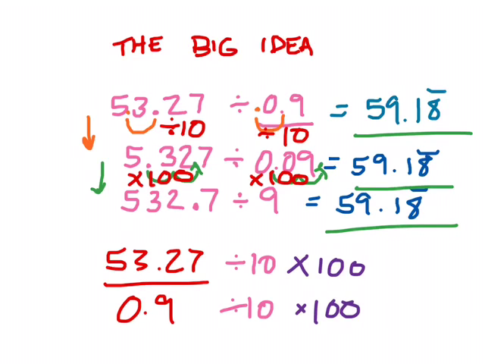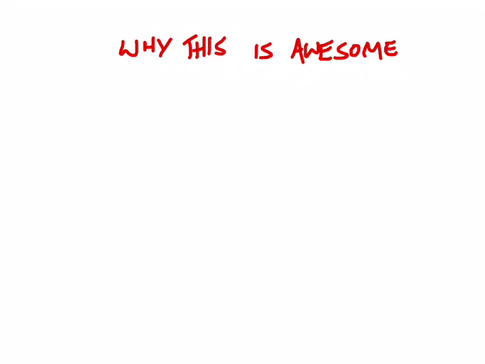So what we learn from this is that we can play with our decimal, move it around as much as we want, provided we move it the same amount in the numerator and the denominator, the same amount in the dividend and the divisor. And now we're going to talk about why this is such an awesome thing.